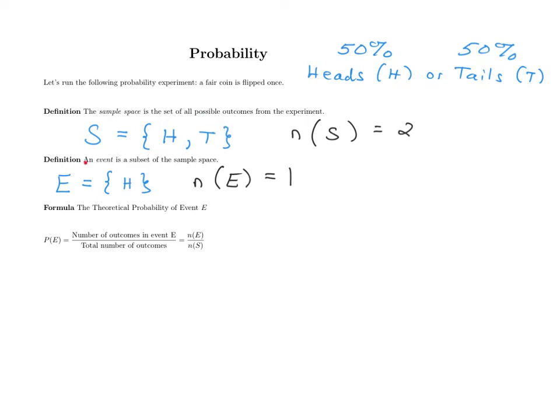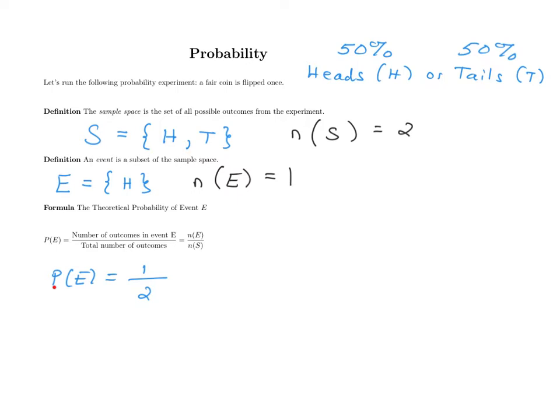Now, I know this event should happen 50% of the time. Let's just use this formula to make sure that it matches up with this number here. So with the event that I defined, P of E is equal to the number of outcomes in this event, N of E, and there's only one of them, and it's divided by the total number of things that can happen, which is 2.